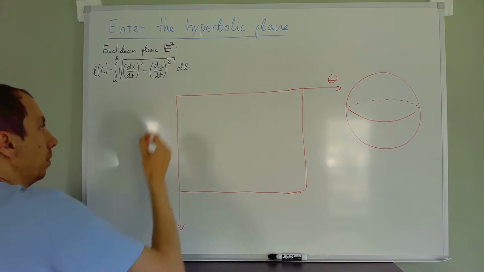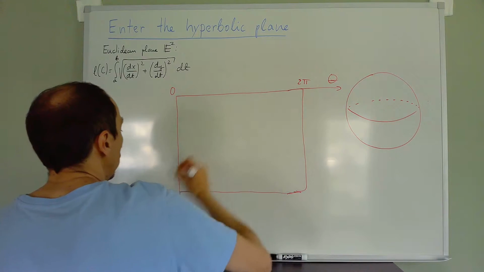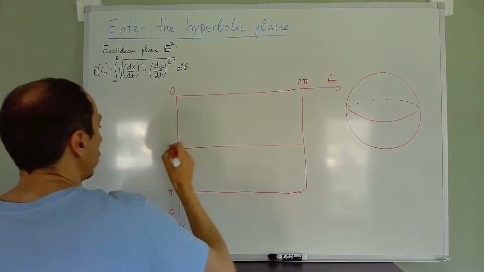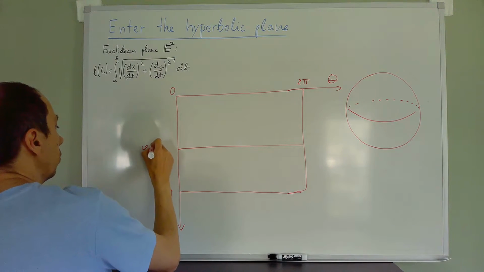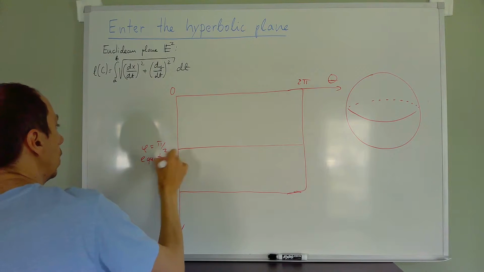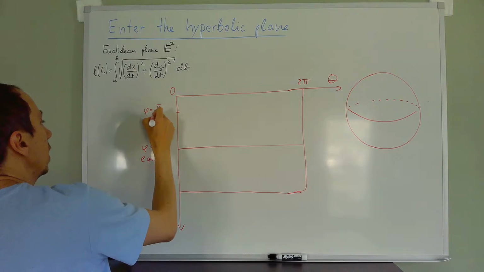Okay, and then theta went from 0 to 2 pi here, and on the phi axis from 0 to pi there was the equator somewhere in the middle, so that was phi equal to pi halves, the equator. Then we sort of ran an experiment when we took phi equal to pi over 6.